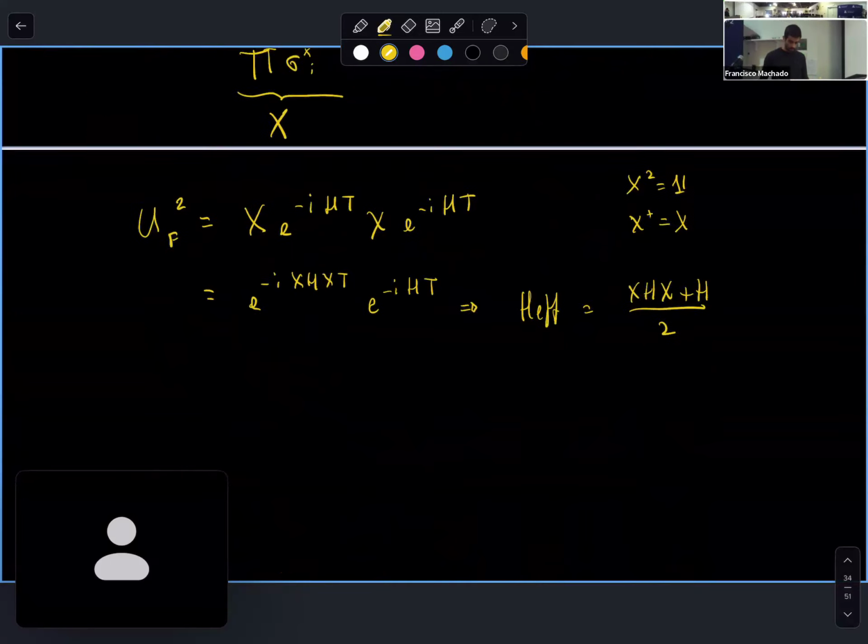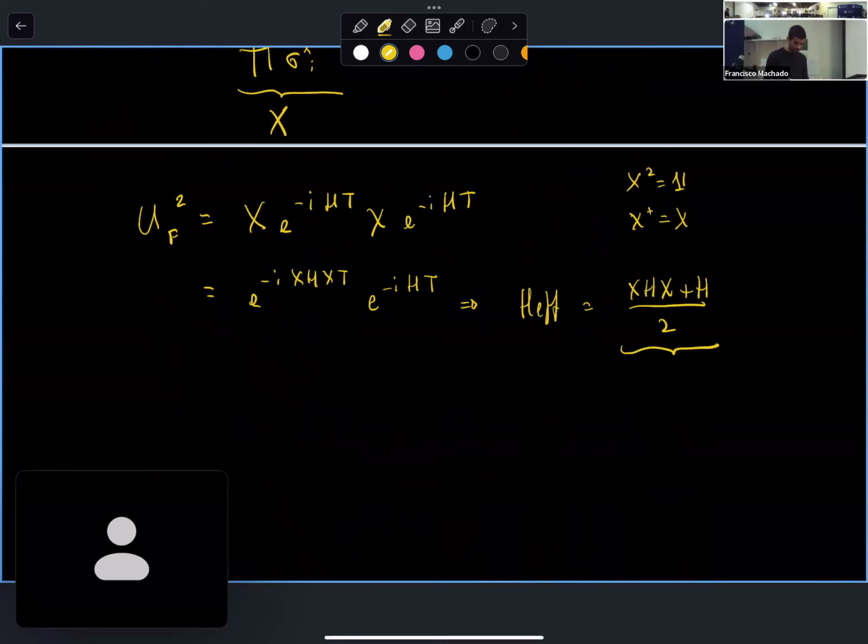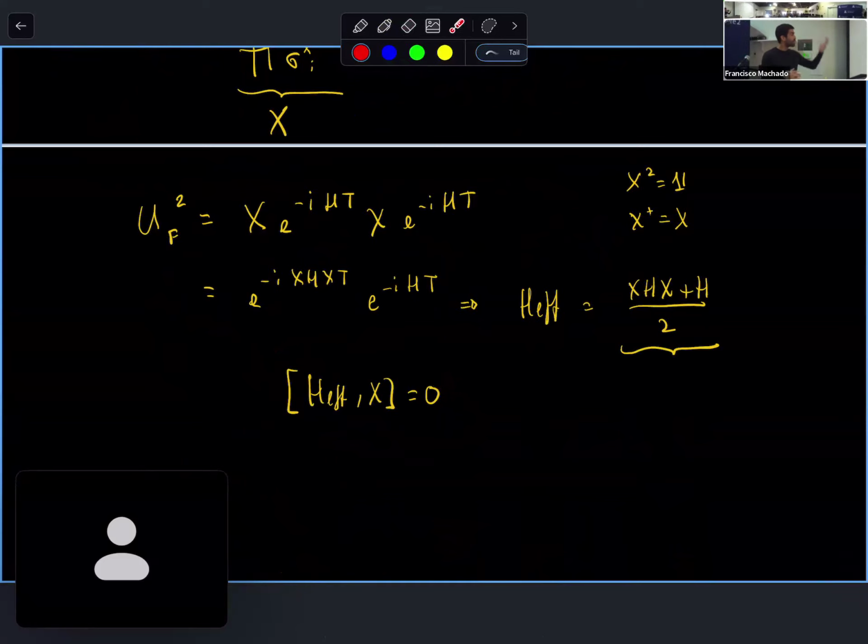But this effective Hamiltonian has the property that h effective commutes with x, so the commutator of h effective and x equals 0. So I drove my system, and now I suddenly found a symmetry. I have a drive that took my generic Hamiltonian and did something to it, and now I have a new symmetry with which to play. And that symmetry is only guaranteed by the fact that I'm doing this periodic drive.